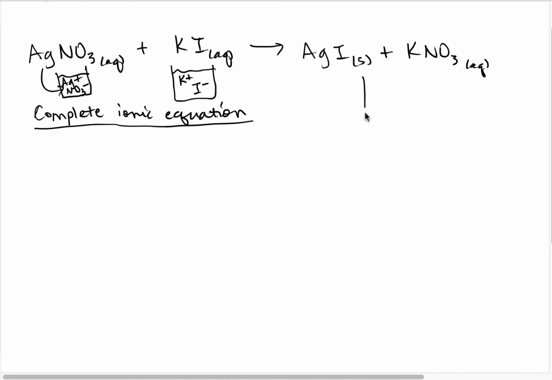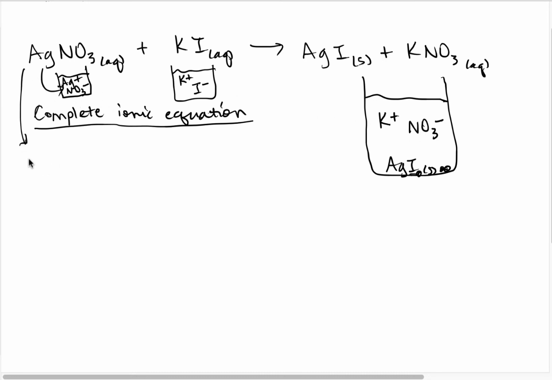And then when we put them together in a container, the silver iodide hangs out as a solid, the precipitate, and then we also have potassium ions and nitrate ions floating around. So the complete ionic equation is basically just what I did, only without these little drawings of beakers.